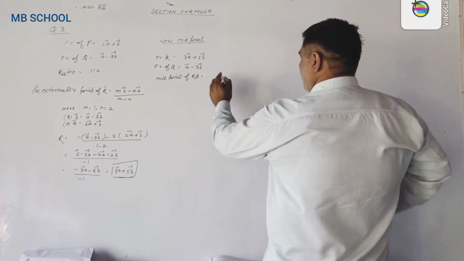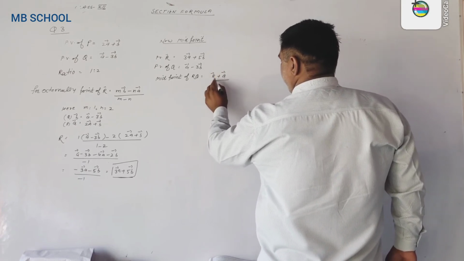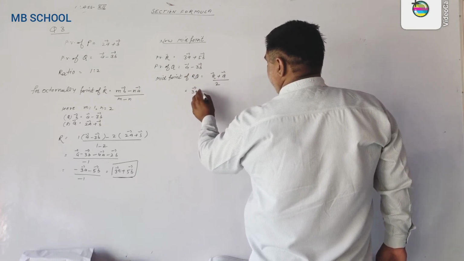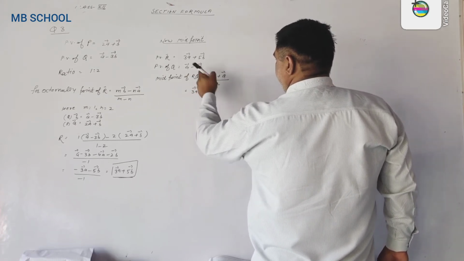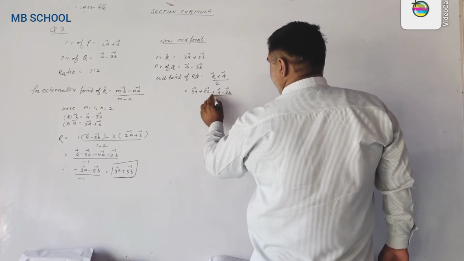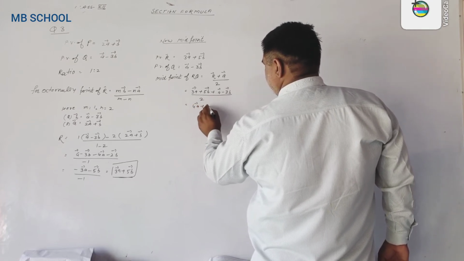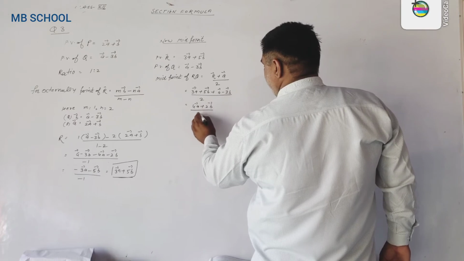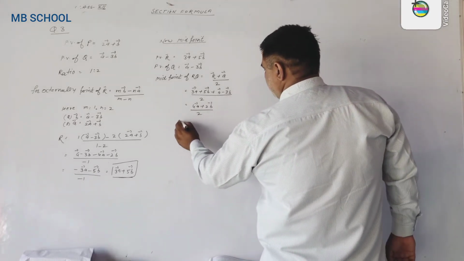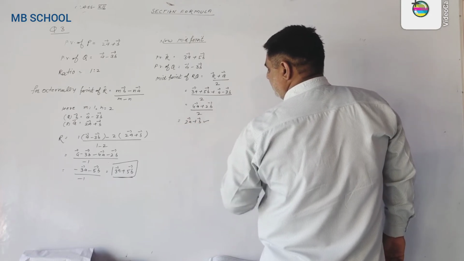We find vector R plus vector Q divided by 2. So here vector R is 3a plus 5b and Q is a minus 3b, divided by 2. 3a plus a, 4a plus 2b divided by 2. We take 2 common out from the numerators. So we get 2a plus b equal to P.